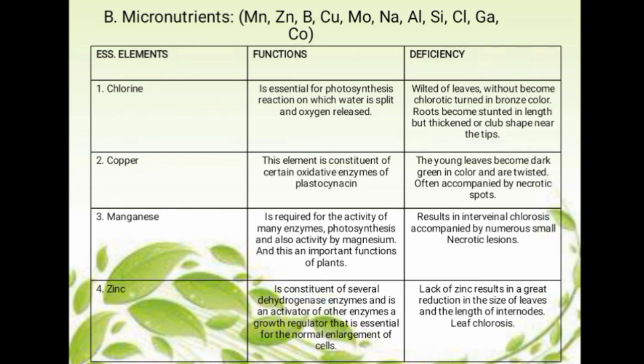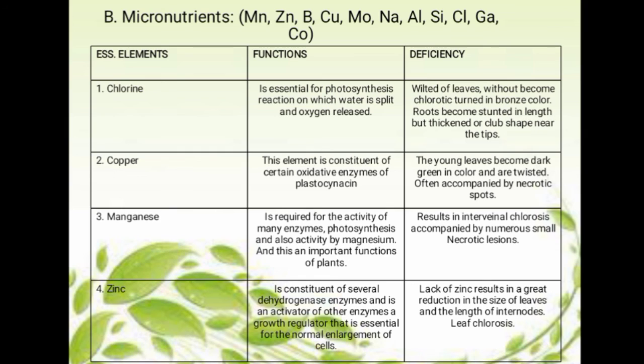Copper. Its function is that this element is a constituent of certain oxidative enzymes and of plastocyanin. Its deficiency is that the young leaves become dark green in color and are twisted, often accompanied by necrotic spots. Next is manganese.